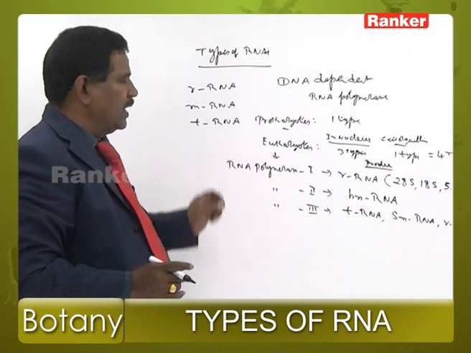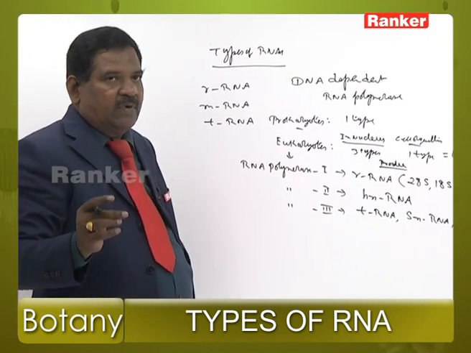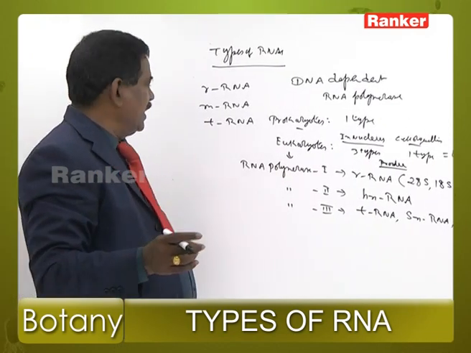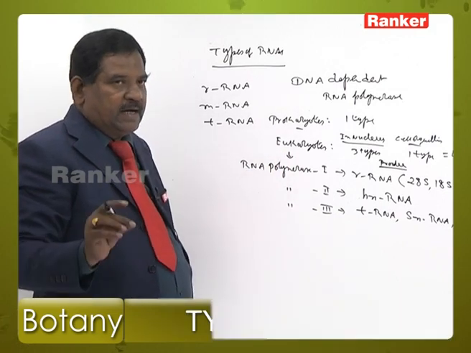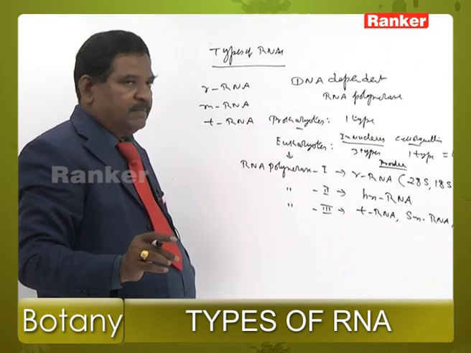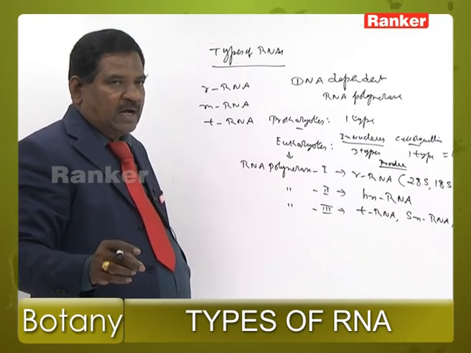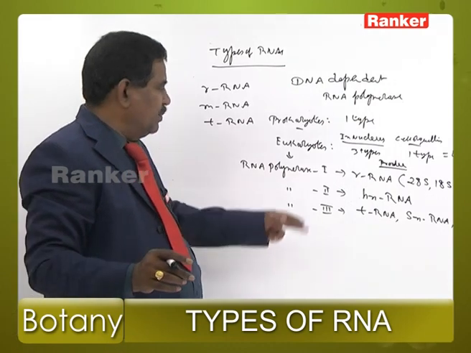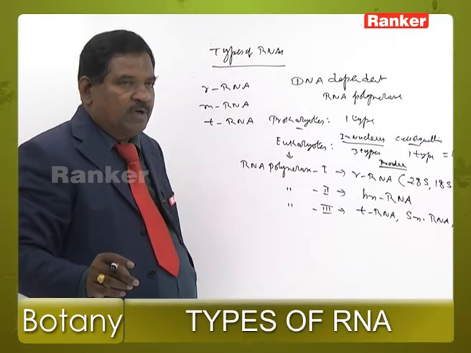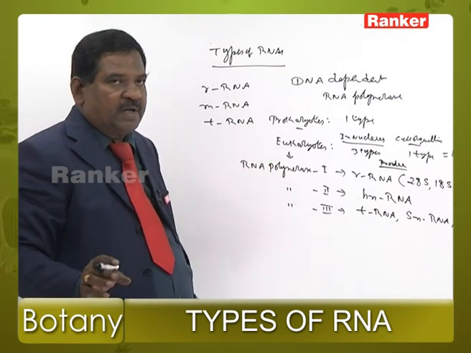So, RNA polymerases involved in the formation of ribosomal RNA are polymerase 1 and polymerase 3. tRNA synthesis, polymerase 3. Small nucleolar RNAs, polymerase 3. hnRNA, polymerase 2. Only ribosomal RNA, polymerase 1.